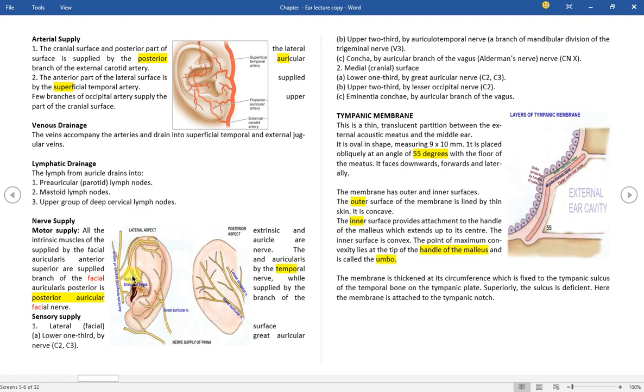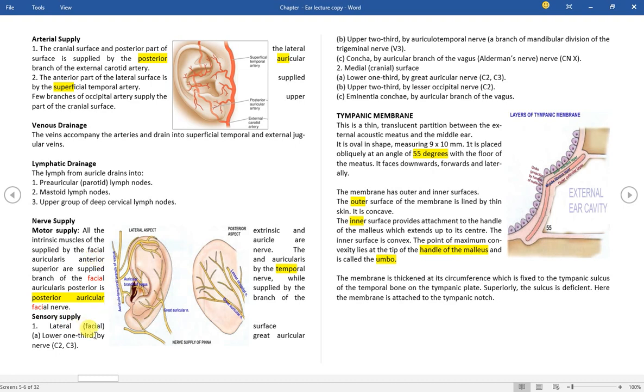Nerve supply of the pinna, we have sensory and motor supply. In motor supply, it is supplied to the rudimentary muscles of the pinna, that is auricularis, three groups. They are branches of the facial nerve, posterior auricular branch and auricular branch of the facial nerve.